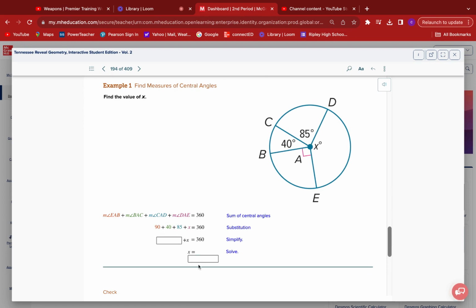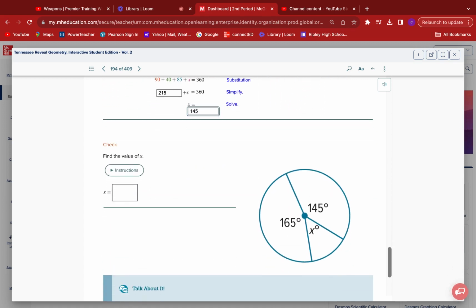So grab a calculator. 90 plus 40 plus 85 is 215. I take 360 minus 215, and that will be my final answer: 145 degrees. So angle X, the central angle DAE, is 145 degrees, which means arc DE is 145, by the way.